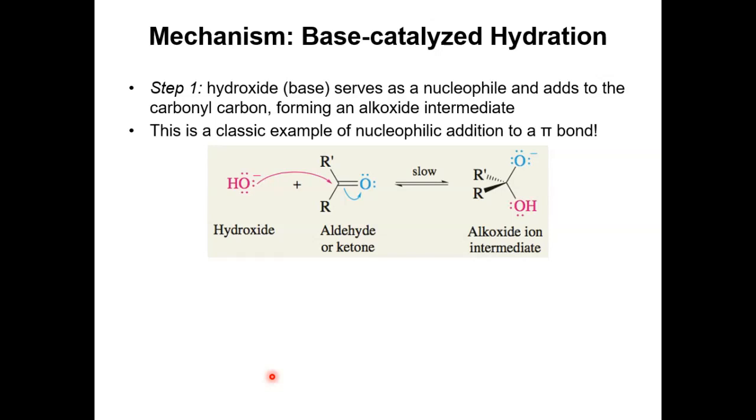The biggest reason the base can accelerate the hydration is this: if you're adding base into water, what forms? Typically you form hydroxide ion, right? So the hydroxide ion is the conjugate base of water. Both hydroxide ion and water can serve as nucleophiles.